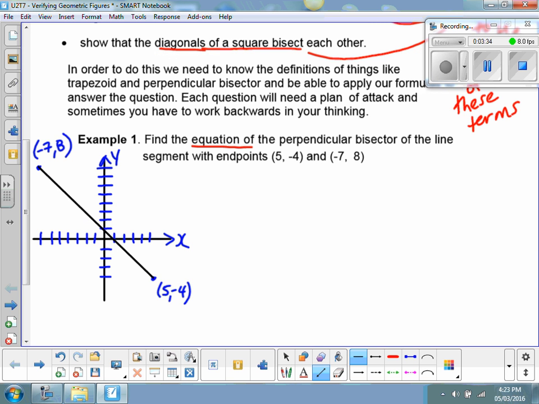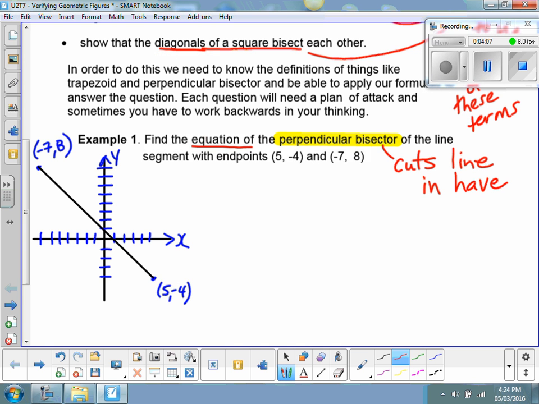And so the first thing we need to talk about is, what does that mean? Well, we know what perpendicular means. We know that that's a line that is perpendicular to this line here. But what does bisector mean? So bisector, if you bisect something, you cut it in half.